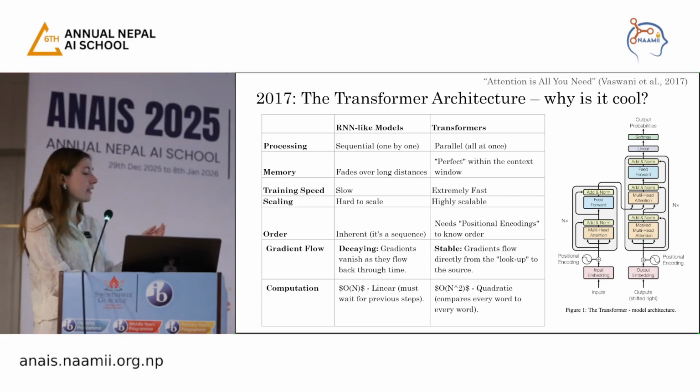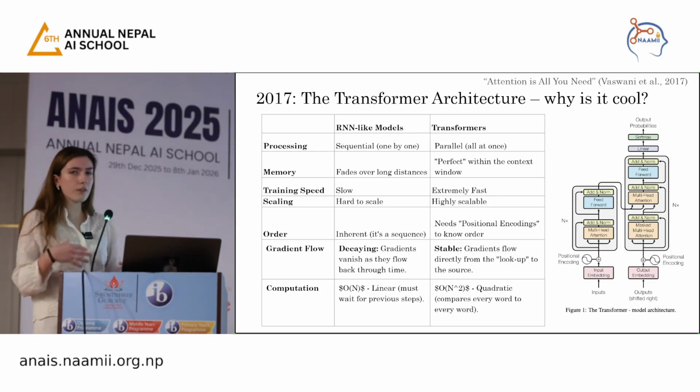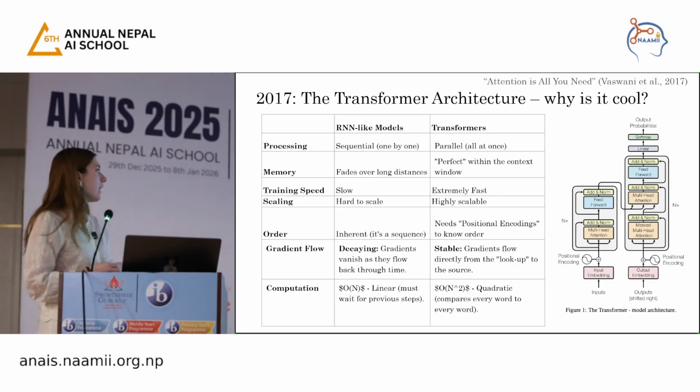Order is inherent for RNNs because, as we said, the processing of the input is dictated by the order of the tokens, while for transformers this goes away because we are taking all the inputs at the same time. This is later imbued back into the transformers by leveraging positional encodings, which we will talk about later.